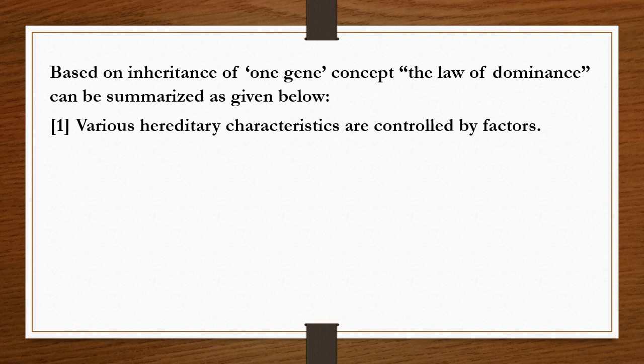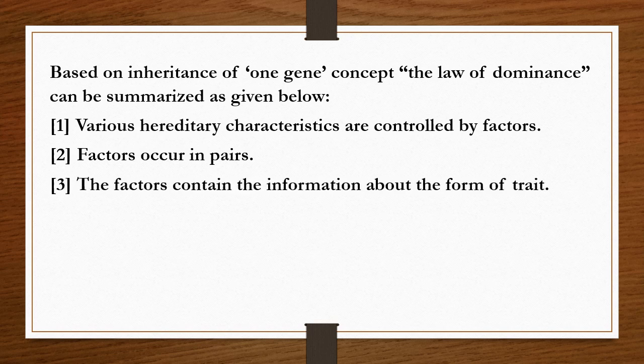Various hereditary characteristics are controlled by factors, nowadays called genes. Factors occur in pairs. The factors contain the information about the form of trait or character.